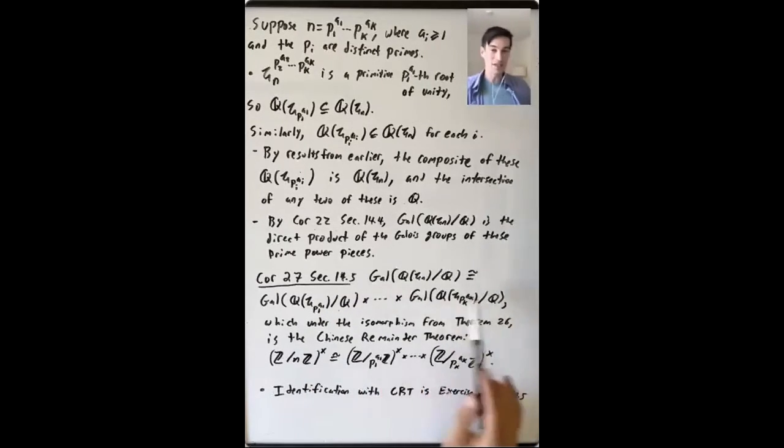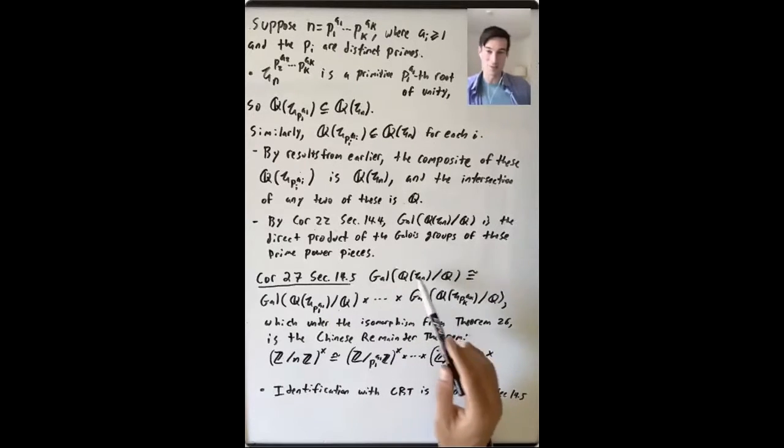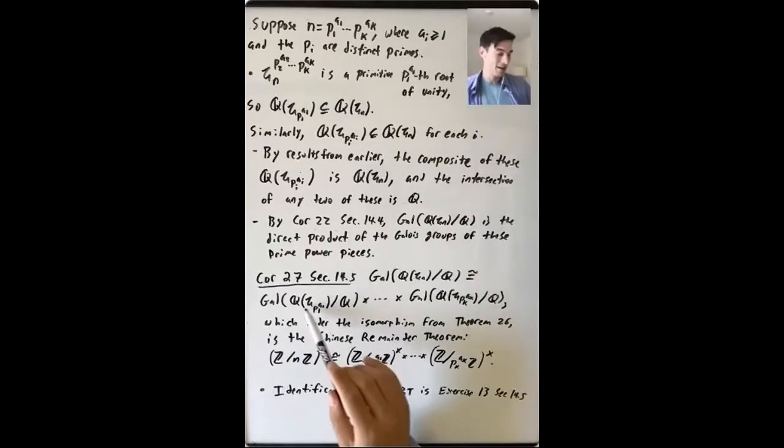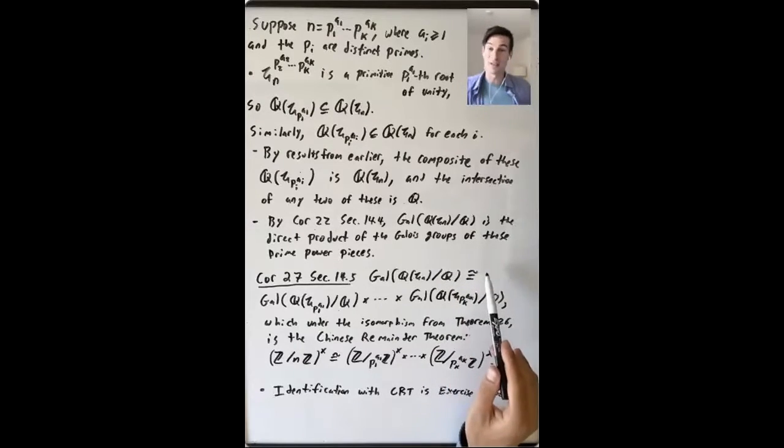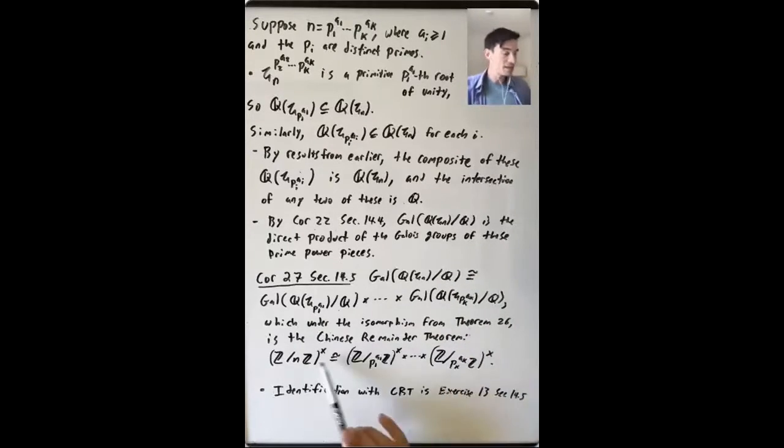And in some sense, we already knew this because we know that this one is isomorphic to Z mod n Z star. This is isomorphic to Z mod p1 to the a1 Z star cross. So under that isomorphism between the Galois group of Q adjoin zeta n over Q and Z mod n Z star, what we get is exactly the statement of the Chinese remainder theorem, that Z mod n Z star is isomorphic to Z mod p1 to the a1 Z star cross Z mod pk to the ak Z star.